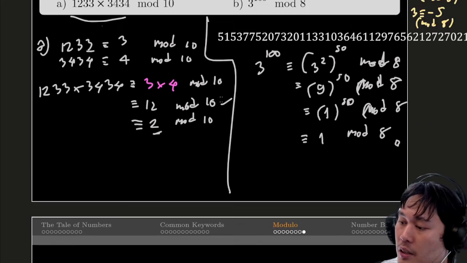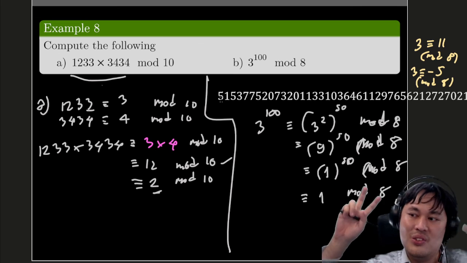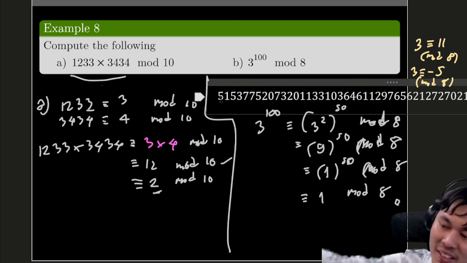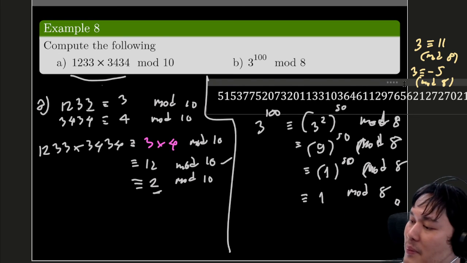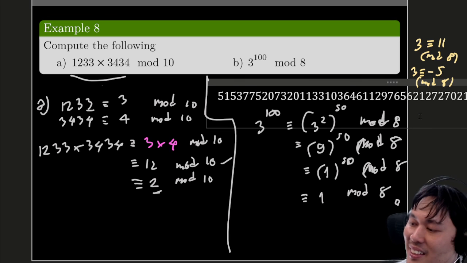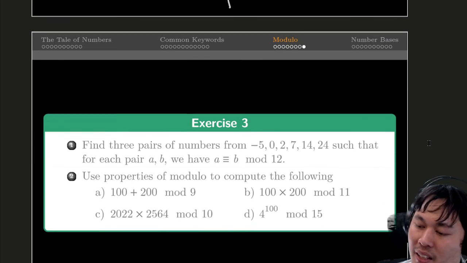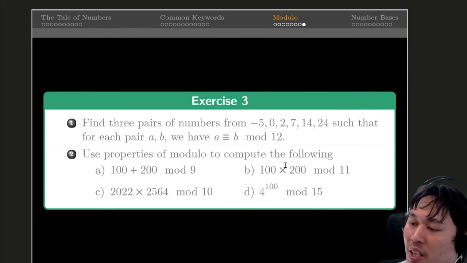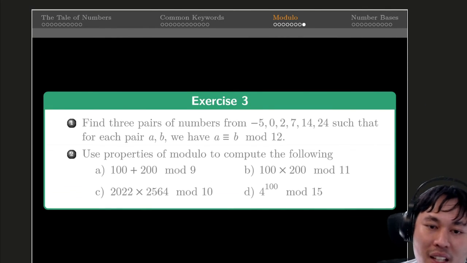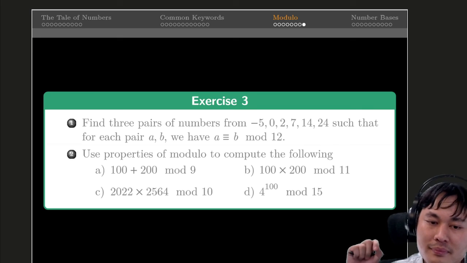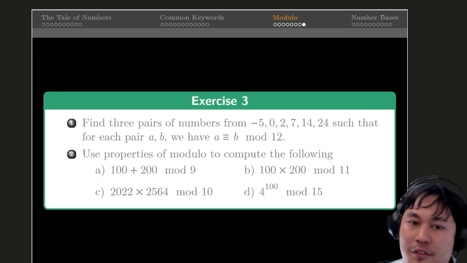And that's the end of the introduction to modulo. There is more to learn. I'm happy to teach, but this is just an introduction course. So let's try to apply our knowledge on this exercise. That's the end of the third section.